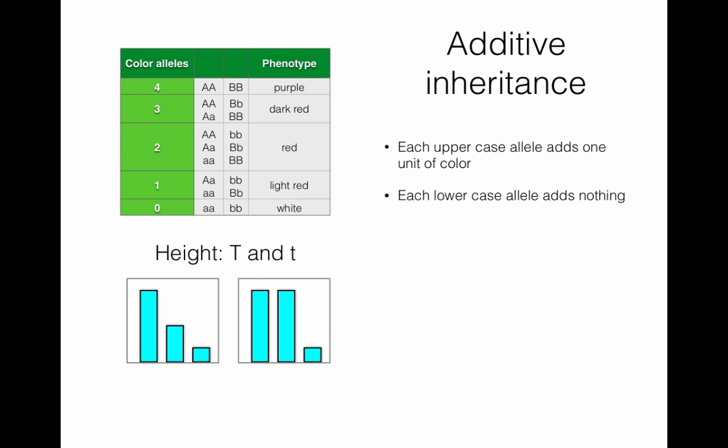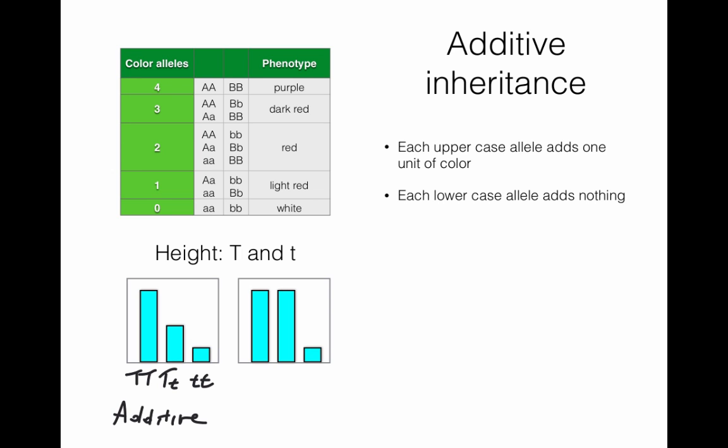And let's consider first on this side a case of additive inheritance. And so on the left here we have one parent, let's say big T, and he's got the largest size. And over here is the other parent, little t, and he has the smallest height. And in the middle is the heterozygous. It could be, for example, the F1.